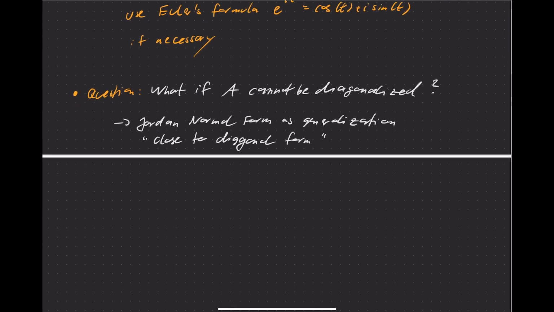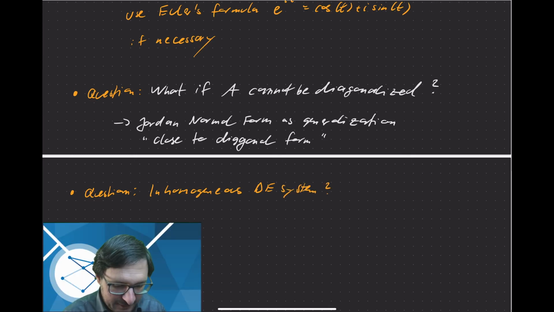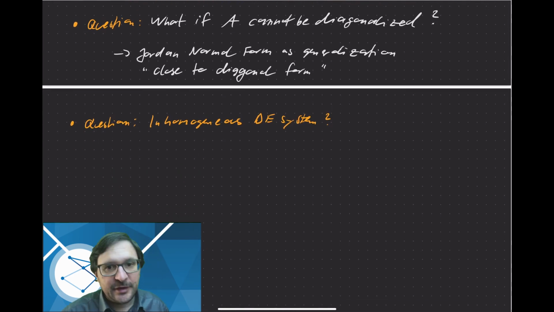And of course, the second question that we did not deal with and are not going to deal with is, what about if we don't have a homogeneous differential equation system? So what about an inhomogeneous DE system? We had a brief glimpse at inhomogeneous systems in the introductory section here.